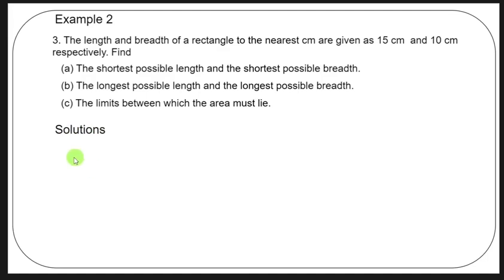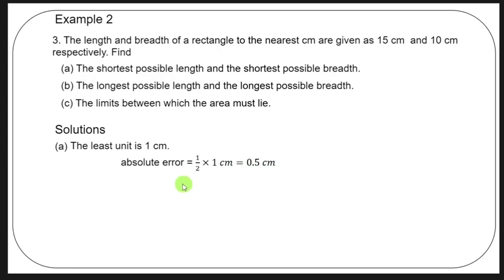So first, let's find the least unit for 15 centimeters. The least unit for 15 centimeters would be actually 1 centimeter. Then the absolute error of 1 centimeter would be equal to 1 over 2 times 1 centimeter, which is equal to 0.5 centimeters.